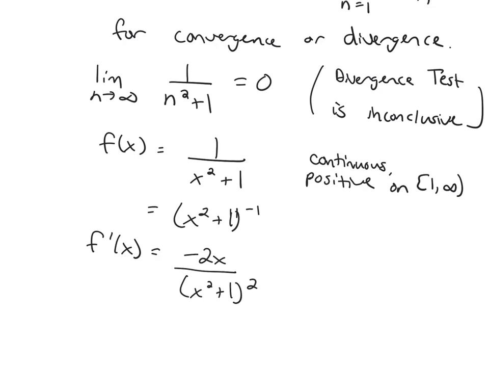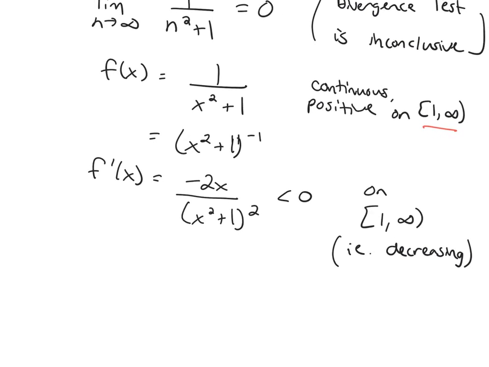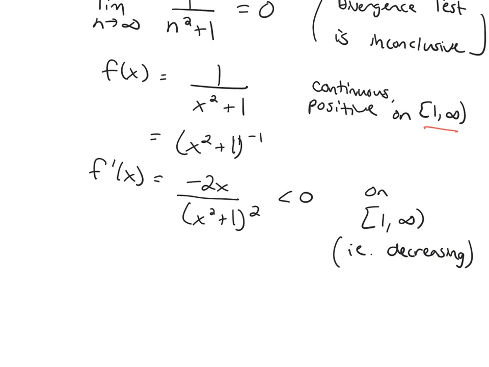The numerator, well, I'm only interested in the interval from 1 to infinity for x, so the numerator is going to be negative, right? So this is going to be less than 0 on this interval 1 to infinity, i.e. it's decreasing.